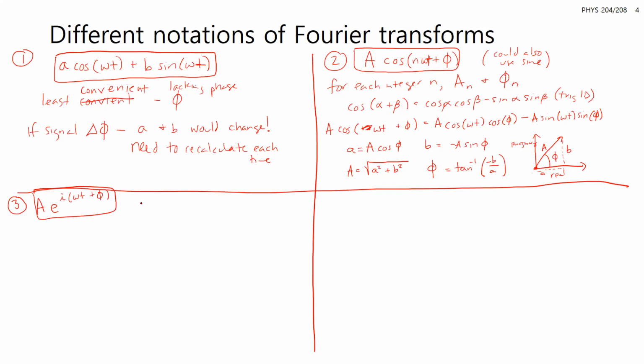The important thing to note here is capital A is a real number, and this is the application of Euler's formula. This is very useful because where A is the real number, that means that's the physical wave.